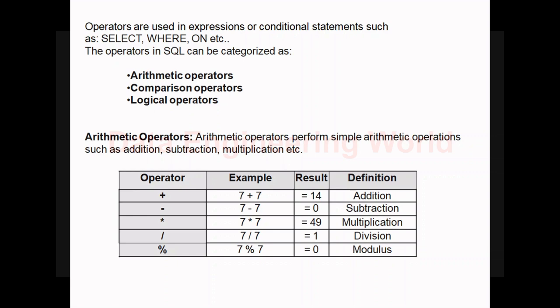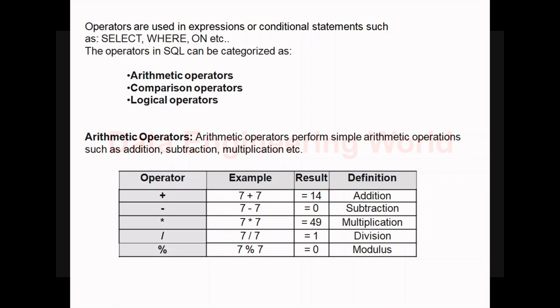So we are pretty much familiar with the top four operators, which are addition, subtraction, multiplication, and division. The only operator which we are not familiar with is modulus, which is used to get the remainder when one number is divided by another.